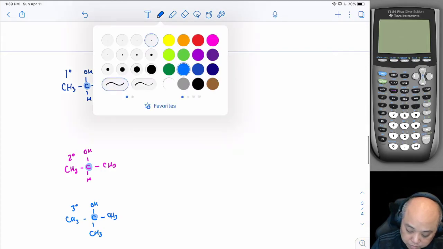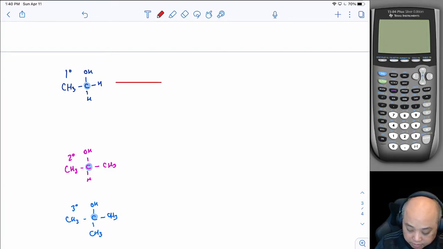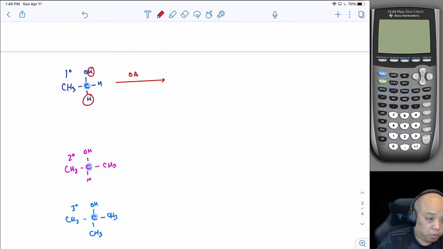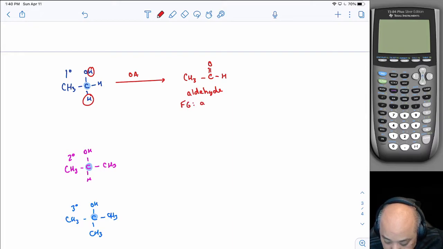Now, what we'll find is that when we add our oxidizing agent that we said before is our dichromate, the first step that occurs for the first degree or the primary is you remove this hydrogen and you remove this hydrogen from this oxygen, which allows the formation of an aldehyde, okay, with the functional group of a carbonyl, okay, and an ending of Al.